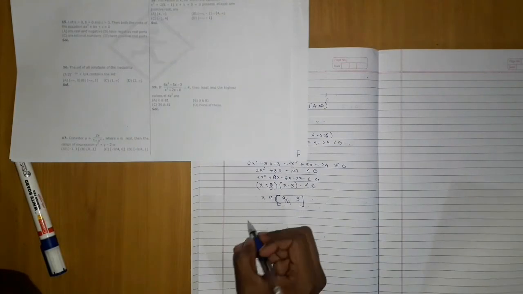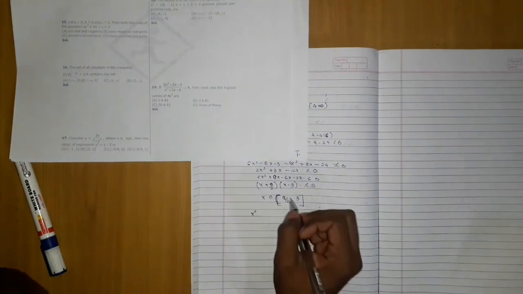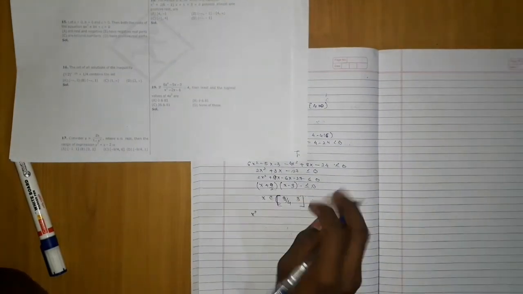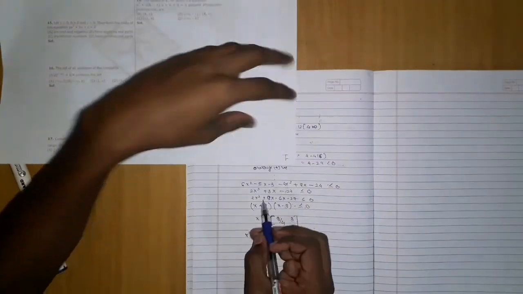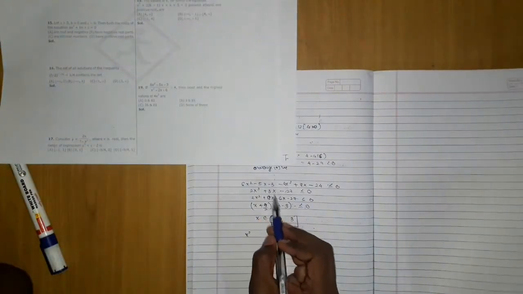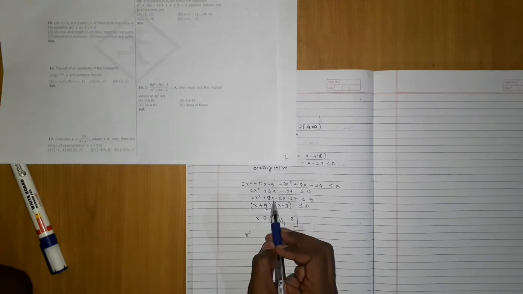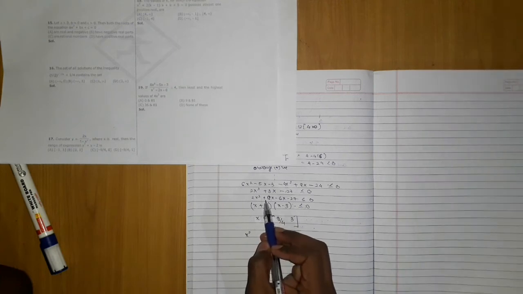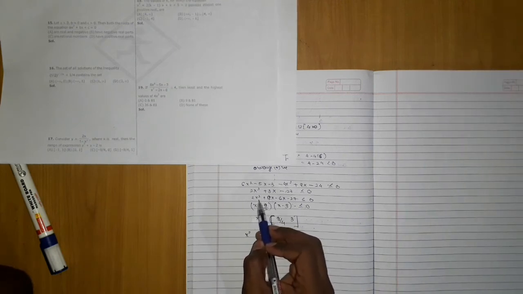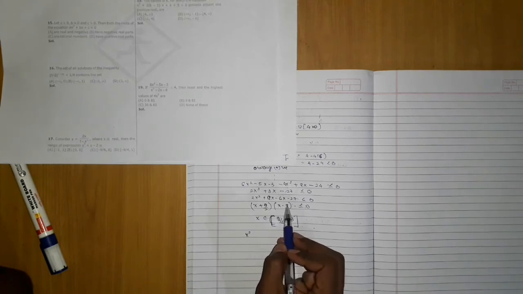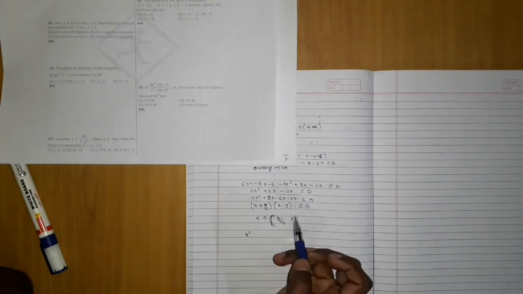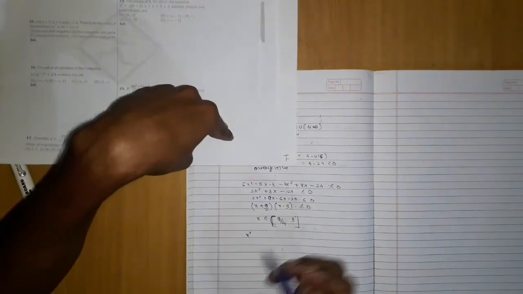We are just checking whether there is still some mistake. 6x square minus 5x, so we have done 9x and 6x. Okay, 2x square minus 9x plus 6x minus 3x.